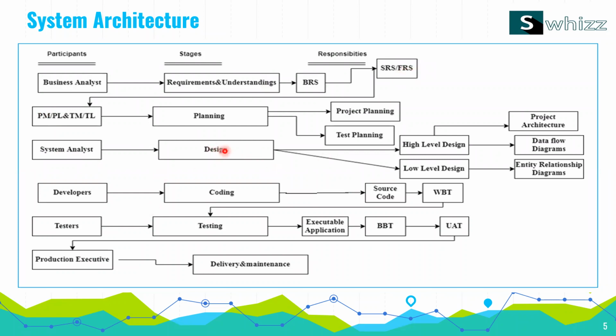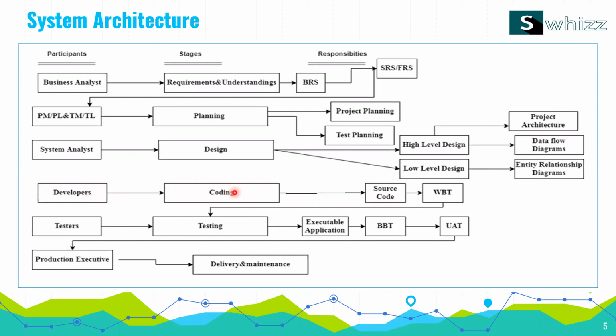They will design a prototype, with high level design and low level design covering the application flow and features: project architecture, data flow diagrams, and small entity relationship diagrams. These designs make the work easy for the developers to create the business logic and the features.